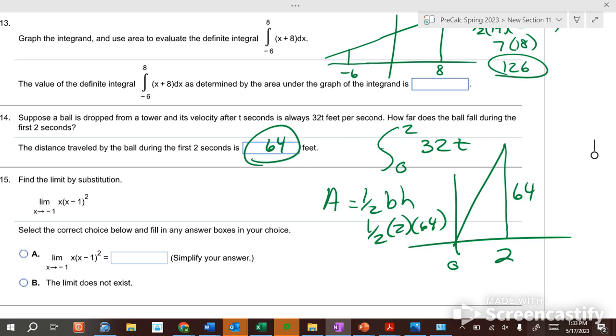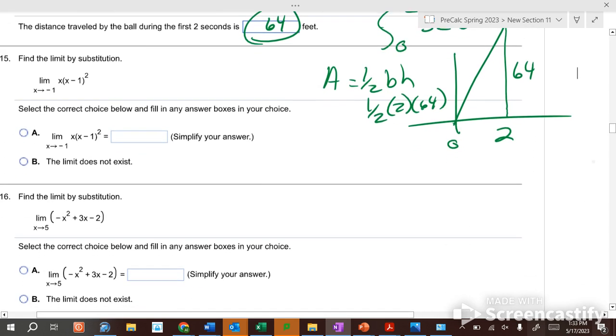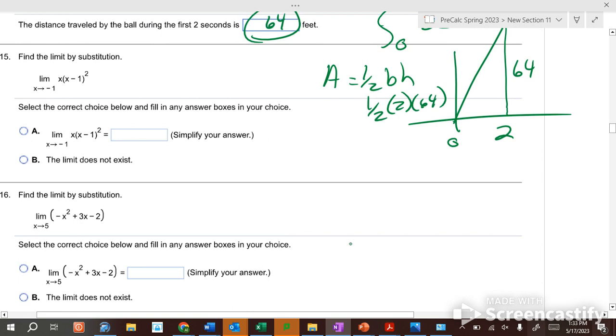Limits by substitution. If we stick in a -1, can we do that and get a limit? Absolutely. Carson's going, yep. Everybody else is going, huh? Limit. What's a limit? Stick in the -1. There's nothing that's going to stop you from doing direct substitution here.